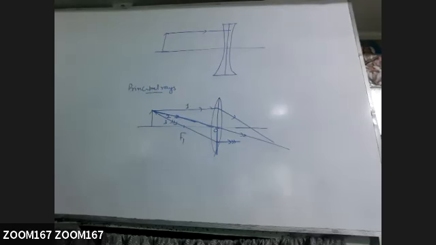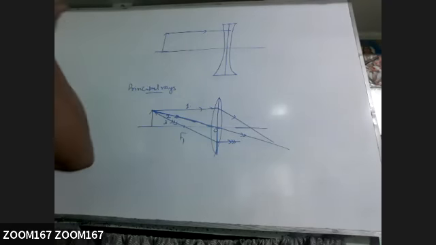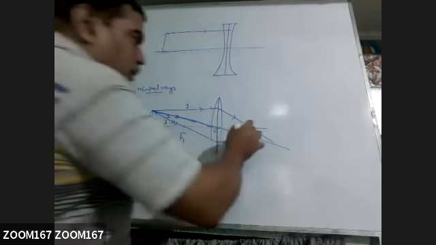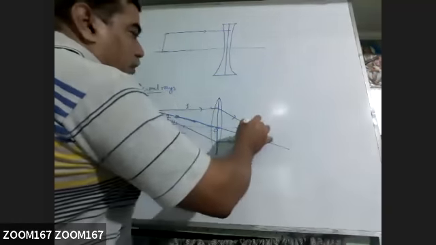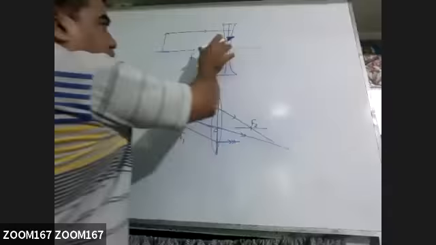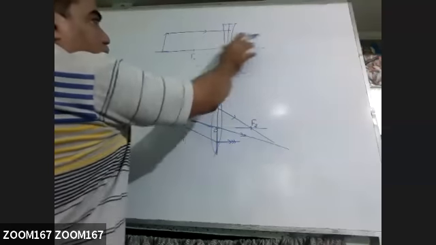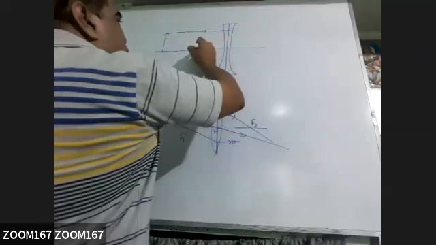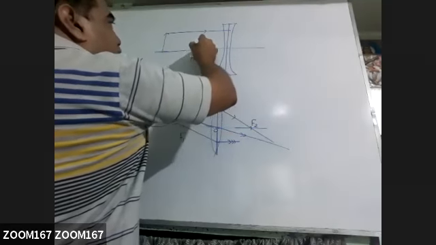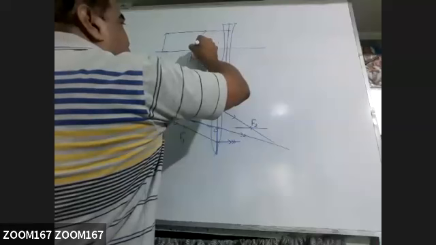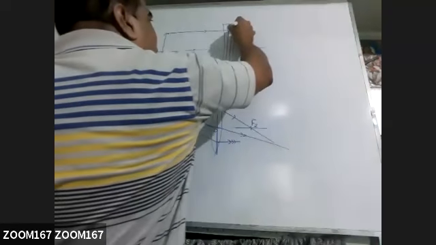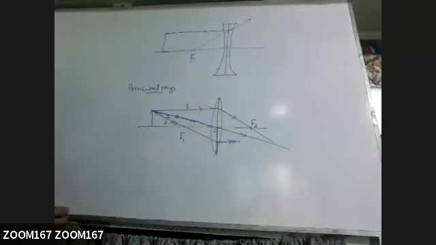It will diverge. It will appear to diverge from focus F2. In case of convex, this side will be F2. So wherever we have selected the distance, suppose this distance is F2, the same distance this side is F1. So you will join this point F2 and this by dotted line. It will appear to diverge from this, and this side will be full line.